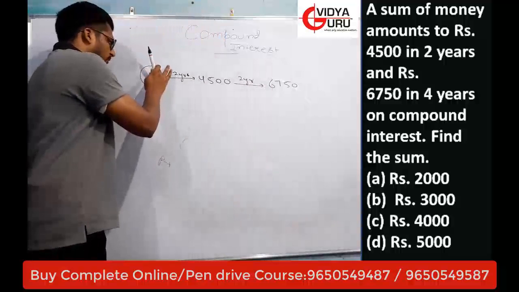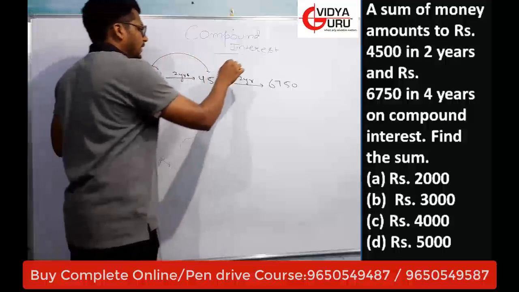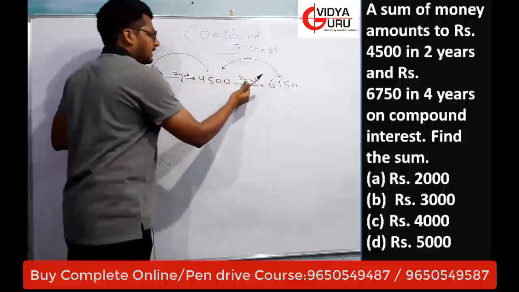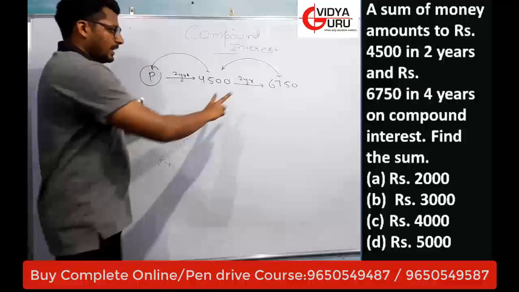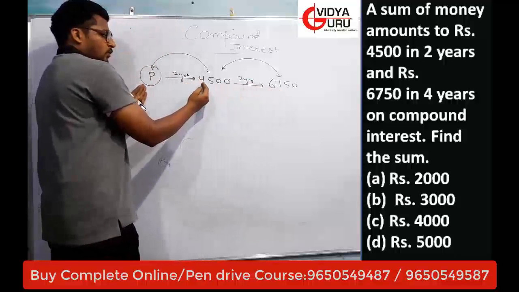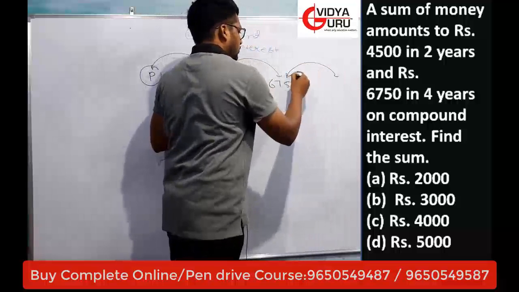And here was some principal. Now there is also a basic concept in this. If the difference of time is equal, here is time 2 years and here is also time 2 years, then the ratio here will be equal to here. These ratios will be equal for every 2 years. For the next 2 years also the ratio will be equal.